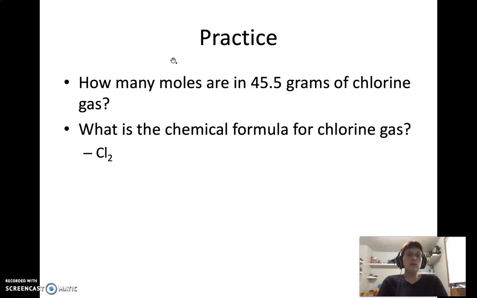The same is true for oxygen gas and nitrogen gas, because they need to fill those outer electrons.